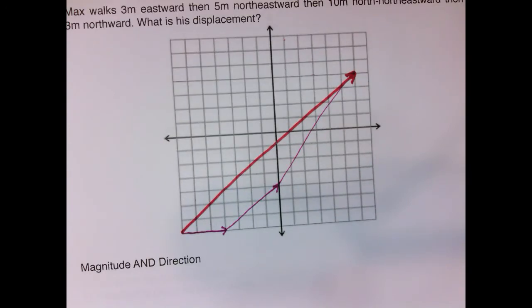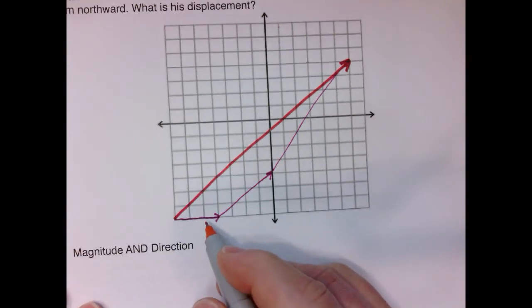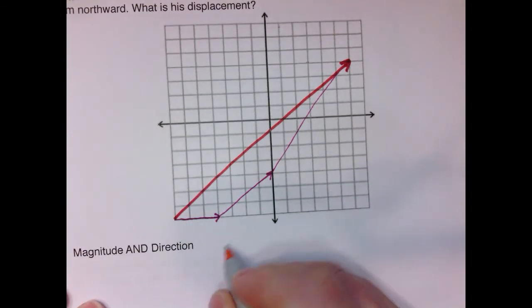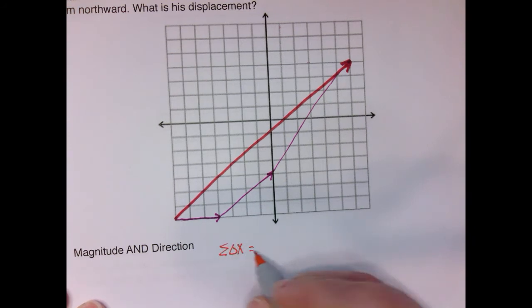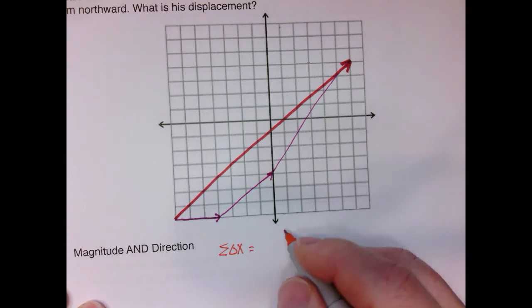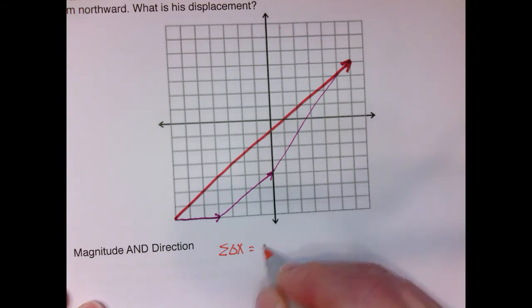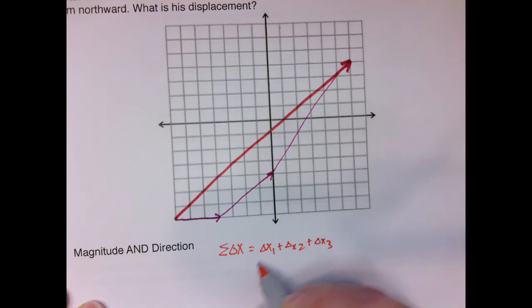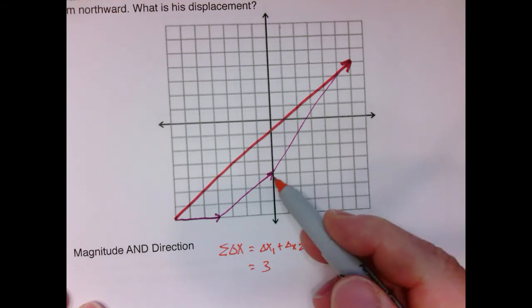If we take this vector, it's all in the x direction. So if we look at the sum of the x, the total is going to be delta x1 plus delta x2 plus delta x3. Well, delta x1 we know is 3. It's already drawn as 3. But what about this one?